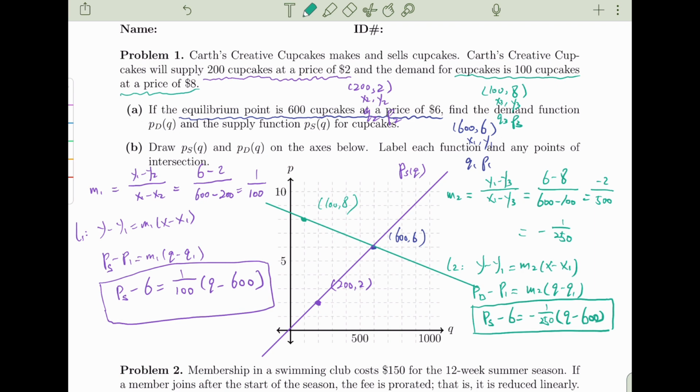Oh, sorry, P_S of Q, P_D, not P_S. So this is P_D of Q. Okay. So that is the answer of question A and question B.